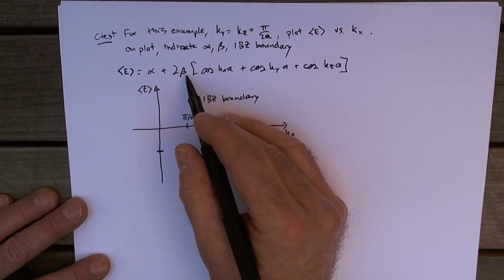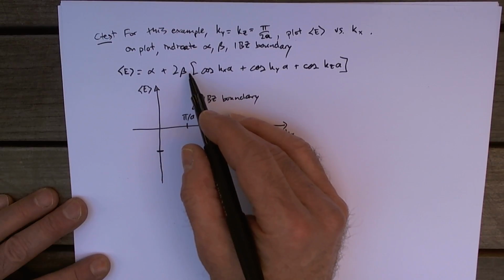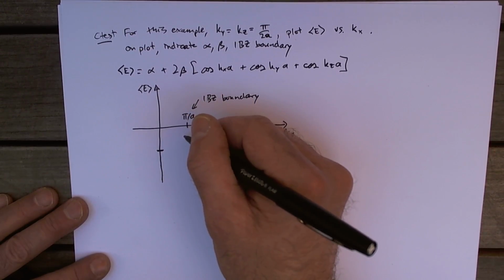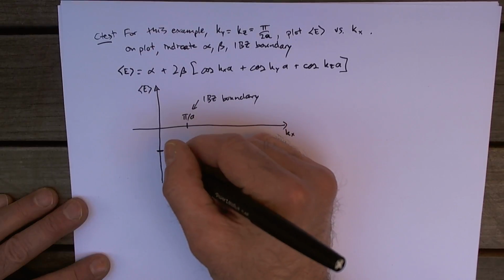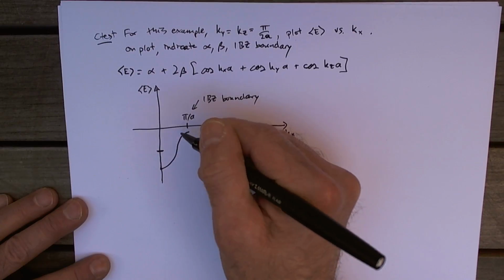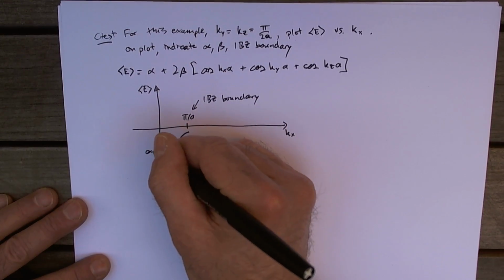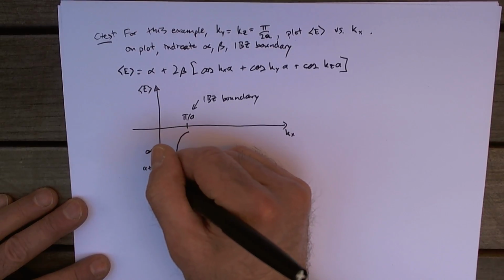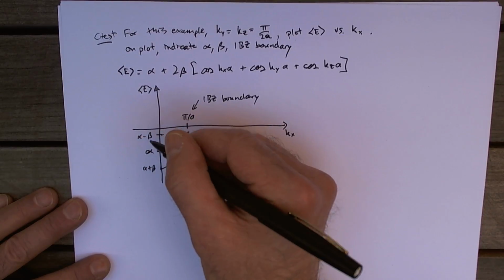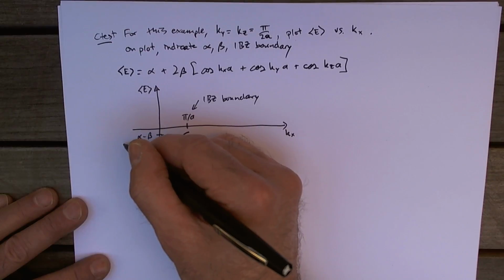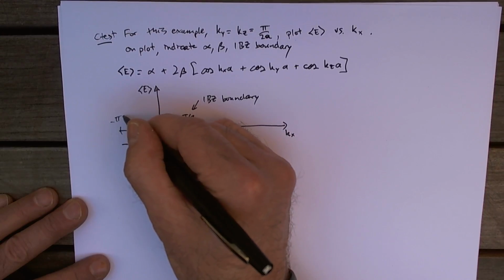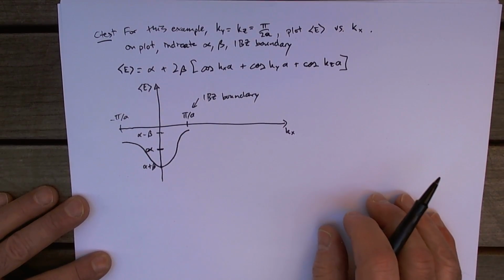And because beta is negative, that's going to be the most or least negative value of E. So it's going to vary sinusoidally from here up to here, where again this is alpha. This would be alpha plus beta, again beta is negative, and this would be alpha minus beta, and it's symmetrical on both sides, so it goes over to minus pi over a, the other boundary of the first Brillouin zone here.